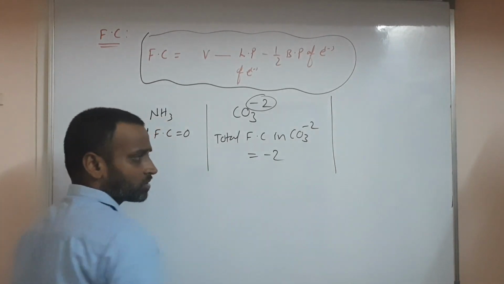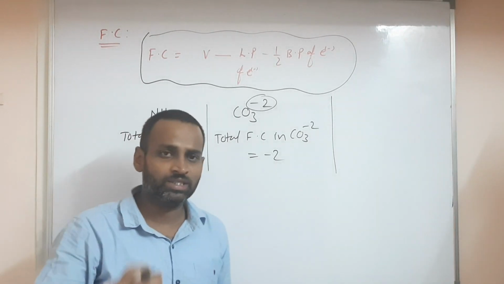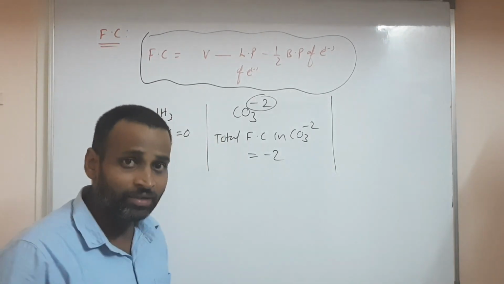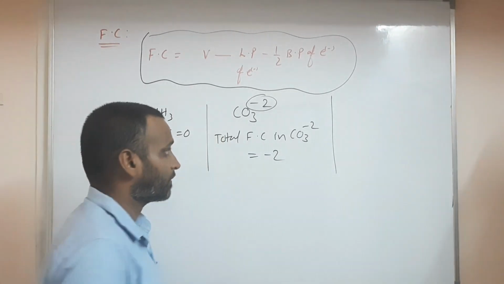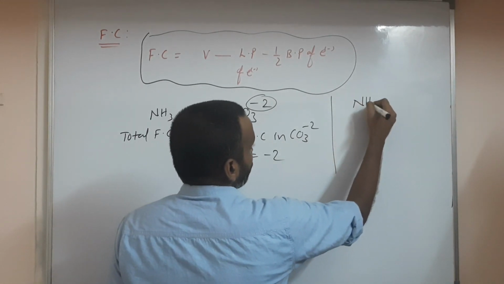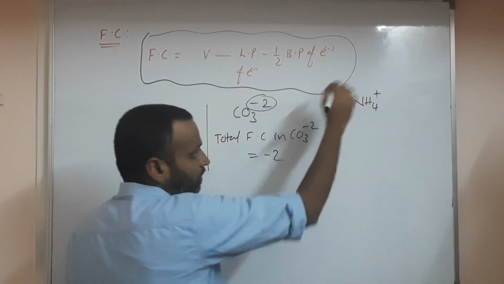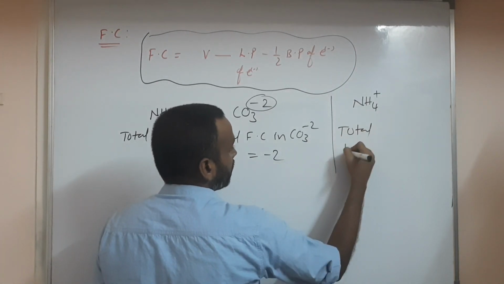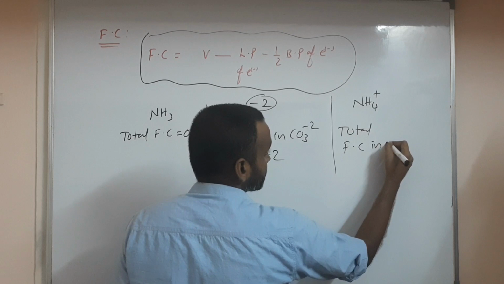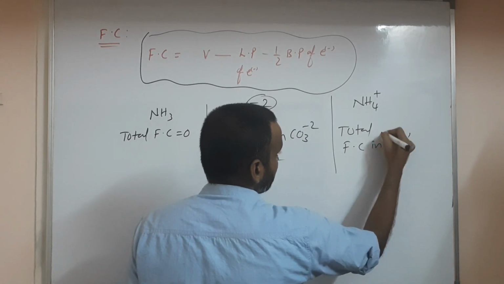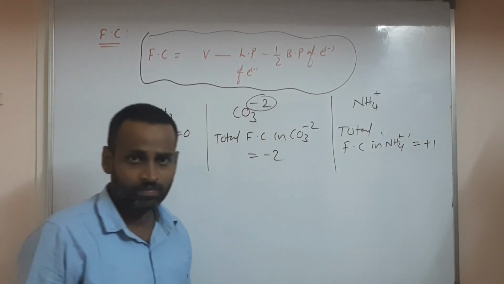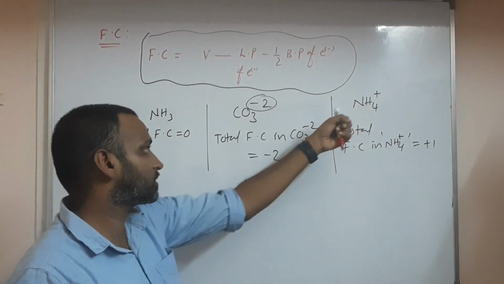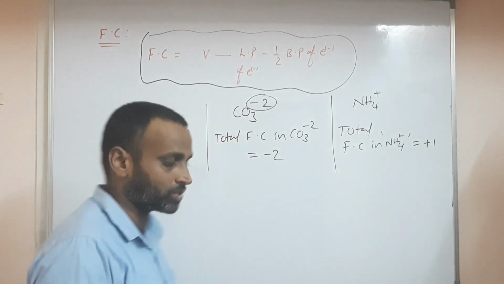I explained the formal charge concept very clearly in first year, so please go through that, and if you still have doubts, ask me. I am there to explain. For NH4+, the total formal charge is plus 1, but nitrogen has a different formal charge and hydrogen has a different formal charge.